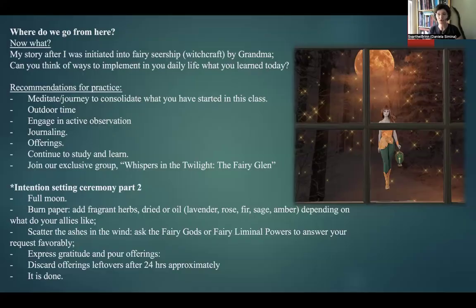So, meditate, journey to consolidate what you have started in this class, spend time outdoors, care for outdoors. You don't have to do, I don't know, activism.